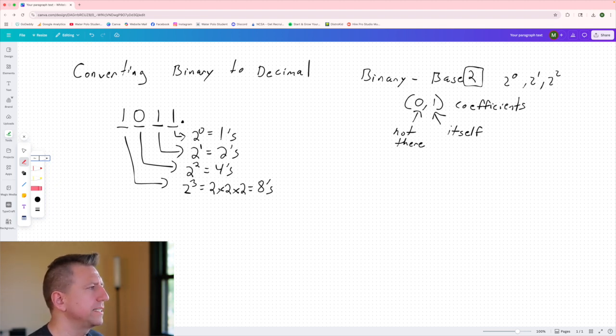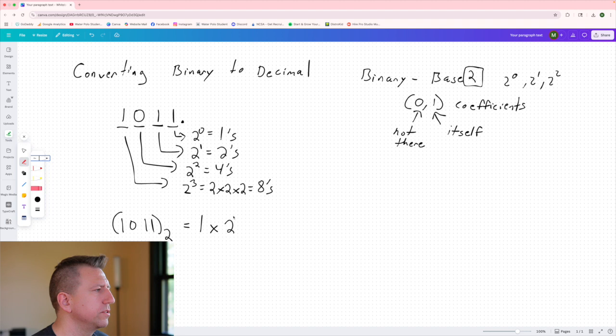And so to take these, we write them with their coefficients. And so in this case, I have 1 times 2 to the 3. So our number here, which is 1, 0, 1, 1, base 2, is going to be 1 times 2 to the 3 plus 0 times 2 to the 2 plus 1 times 2 to the 1 plus 1 times 2 to the 0.